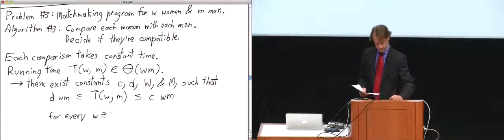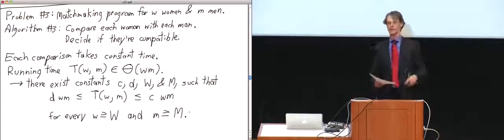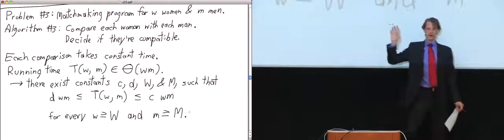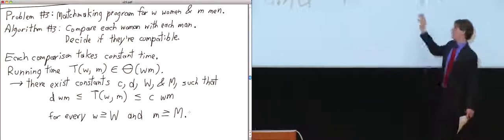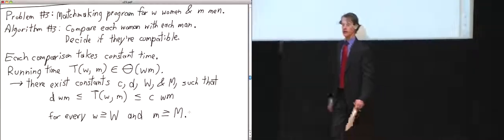So, in other words, if the variable little w is greater than or equal to capital W, and the variable little m is greater than or equal to big M. So this just means you choose some threshold for the number of women and the number of men your algorithm has to process in order for the asymptotics to start looking right.